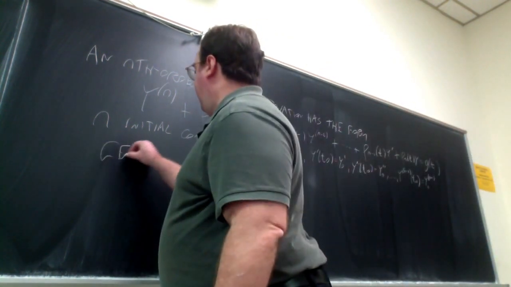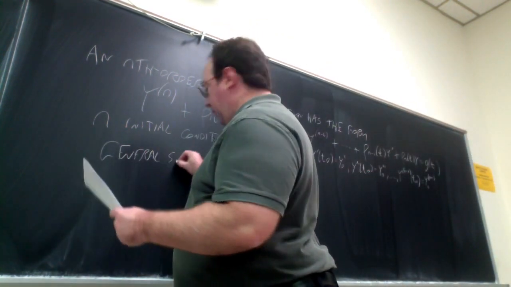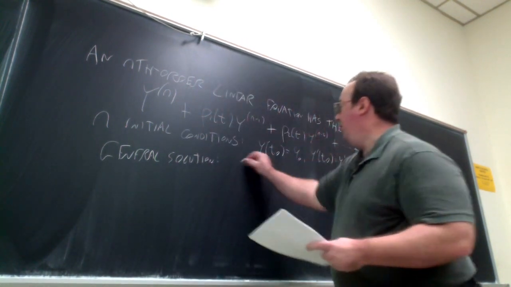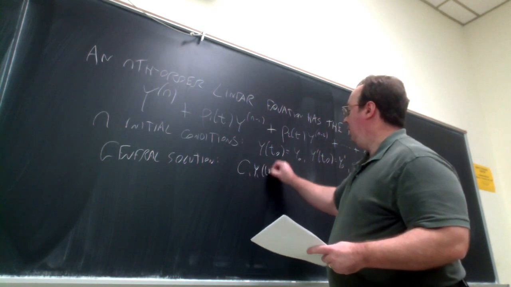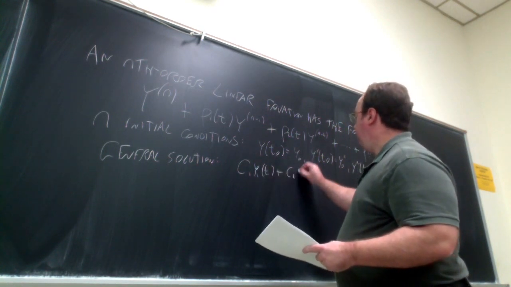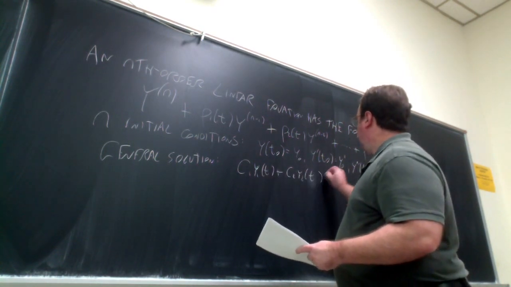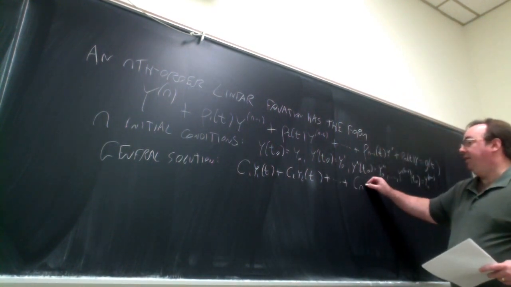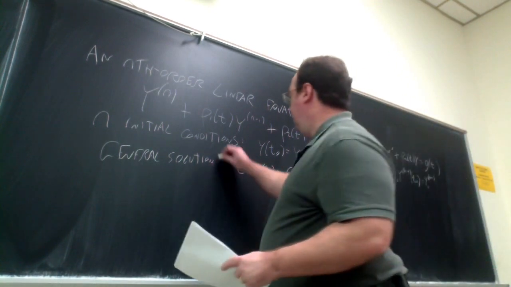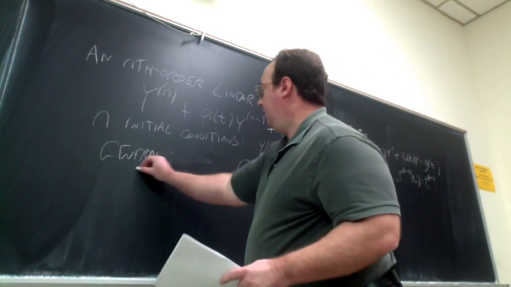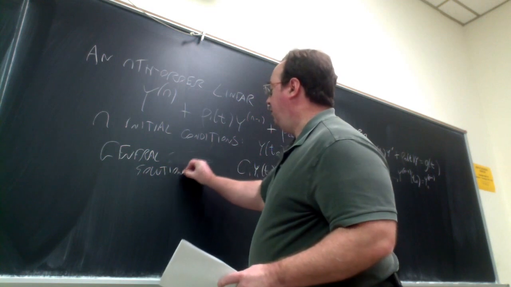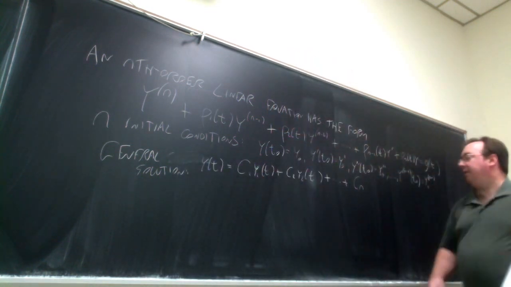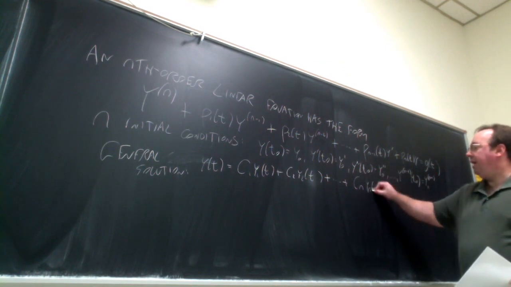So if I write down the general solution, it is going to have this form: y of t equals C1 y1 plus C2 y2, and so on, up to Cn yn of t.